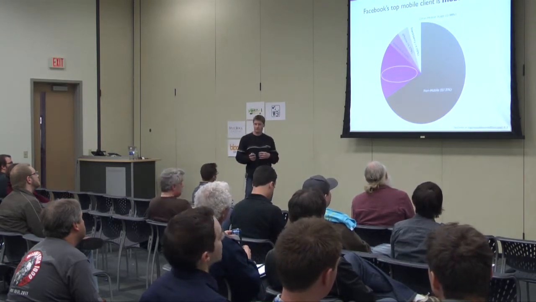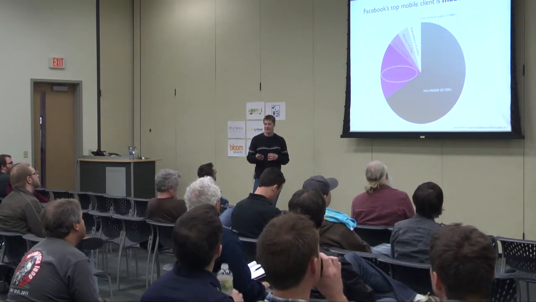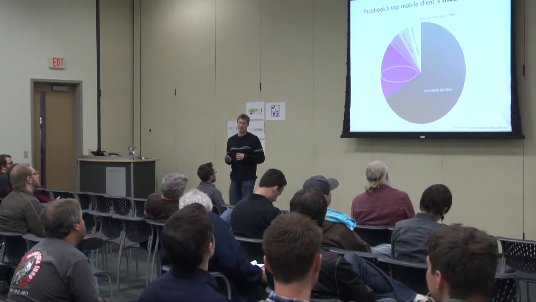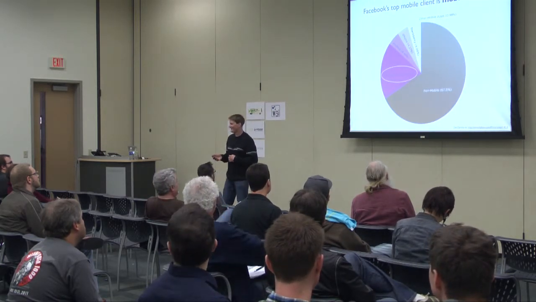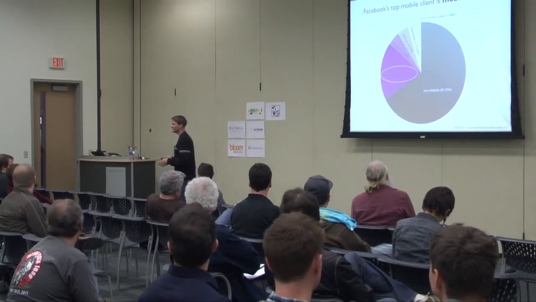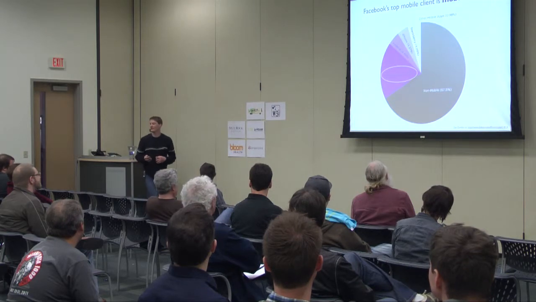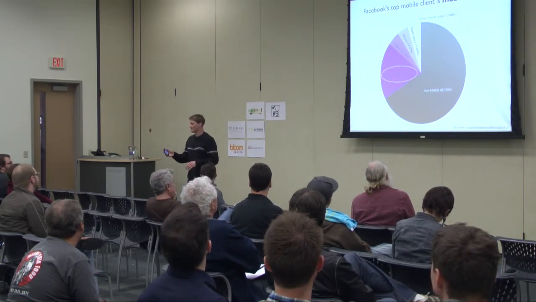Last question. Twitter has an M.dot site, an iOS app, an Android app, and a BlackBerry app. Which is their most popular mobile offering? What's that? Yeah, Twitter. Yeah, Joe nailed it.